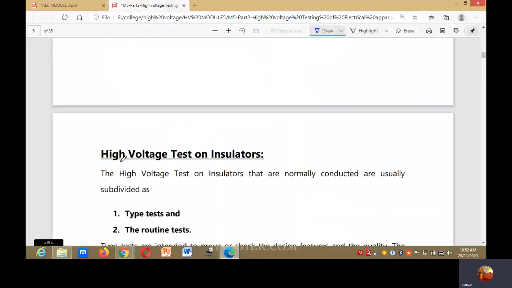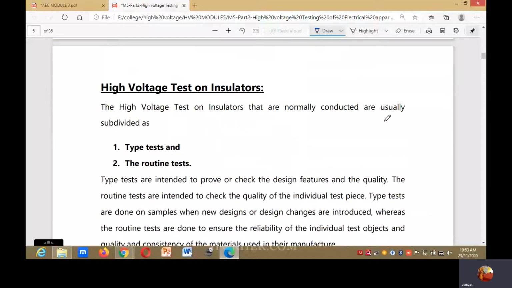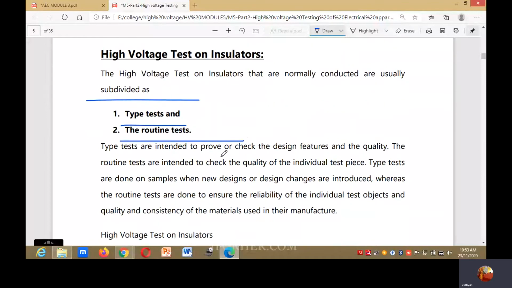Next is the high voltage test on insulators. The high voltage tests on insulators that are normally conducted are subdivided into type tests and routine tests. Type tests are intended to prove or check the design features and the quality.